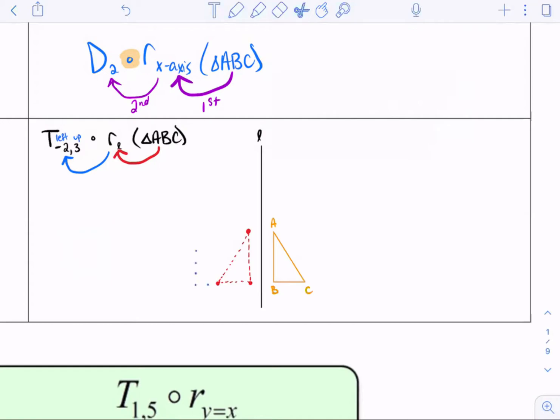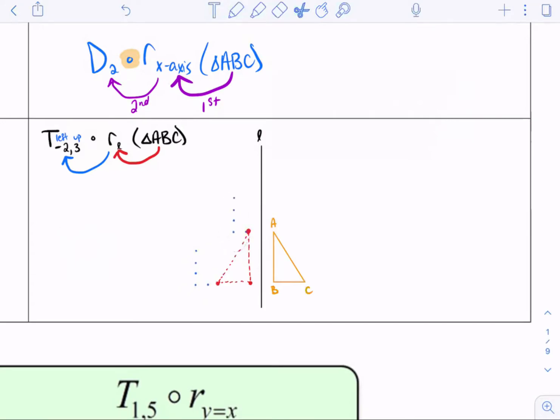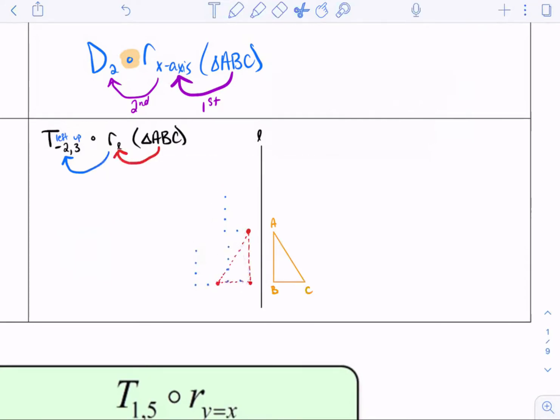So every point is going to do this. And I'll just try and keep it consistent. So that my new points will end up right here. So here's my A prime, B prime, and C prime.